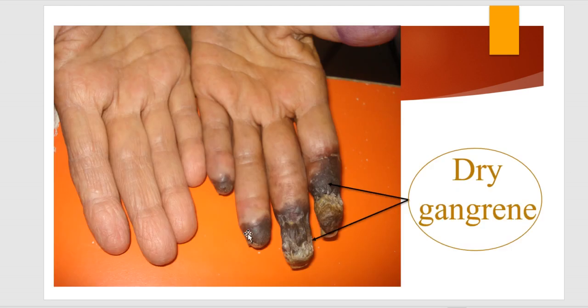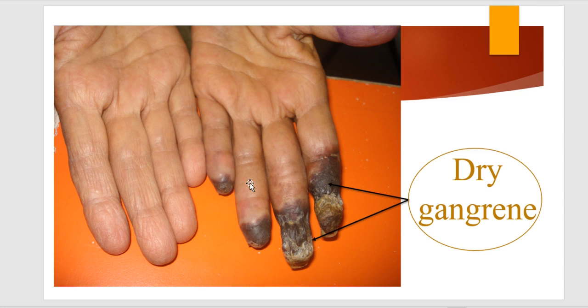Here you can see one of the examples just to show you. Here you can see the left upper limb, the digital gangrene, the dry type. You can see the distalmost portion of the terminal phalanx of the index finger, the middle finger, as well as the ring finger and the little finger also, especially in the left hand.